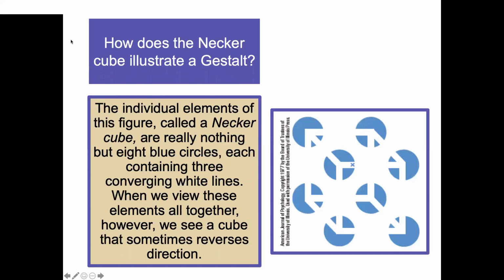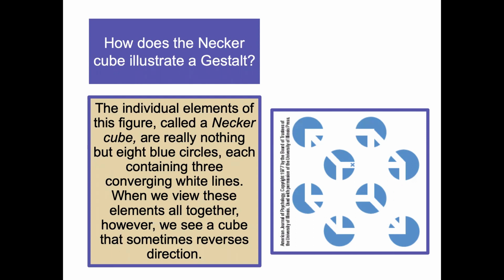So this is a really interesting idea within Gestalt psychology, the Necker cube. And how does the Necker cube illustrate Gestalt? So if you look at it, the individual elements of this figure, the Necker cube, are really nothing but 8 blue circles, each containing 3 converging white lines, right?